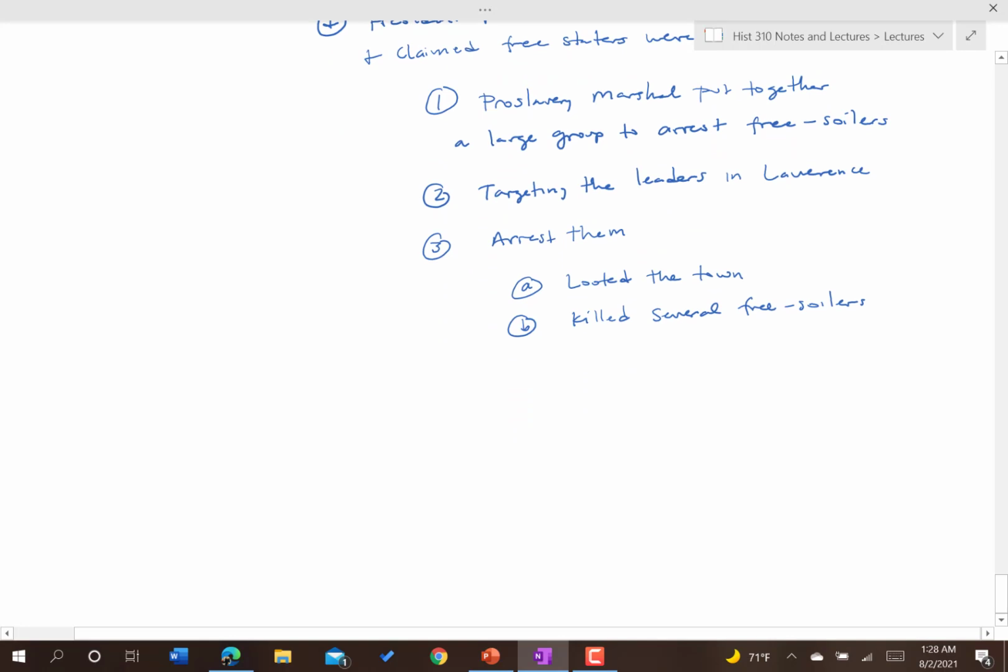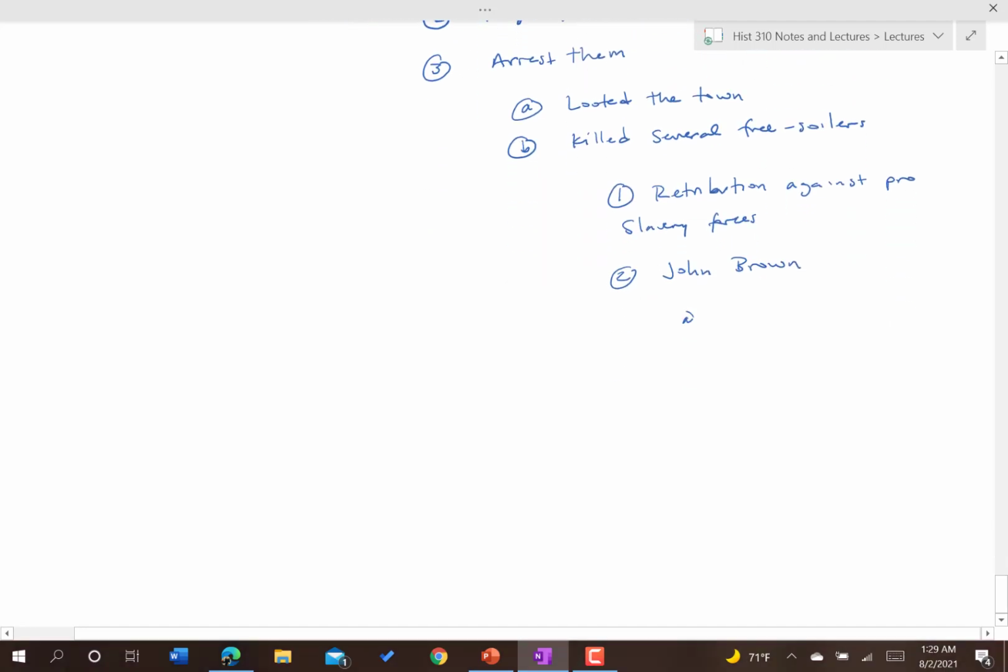Not surprisingly from this, there ended up being retribution against pro-slavery forces. The main person was John Brown, who was an ardent abolitionist.